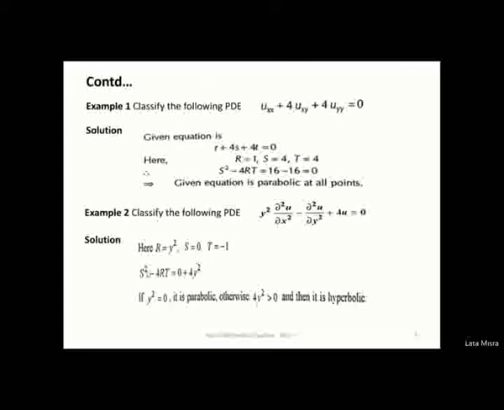When we use R, S, T in S² − 4RT, we get 4y², and 4y² is always greater than 0, so the partial differential equation is hyperbolic.